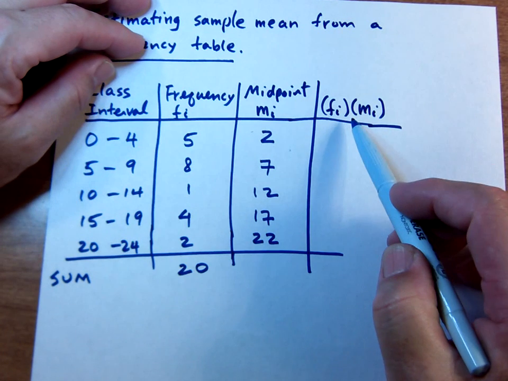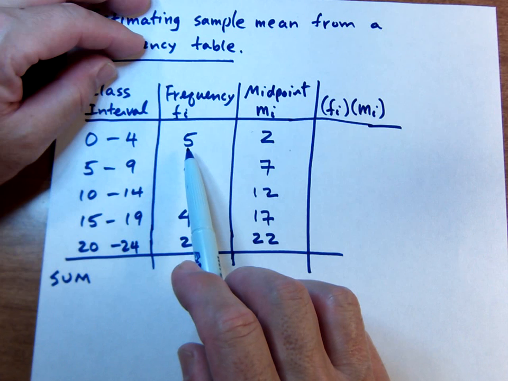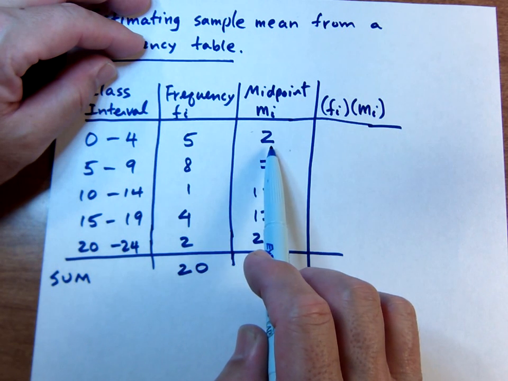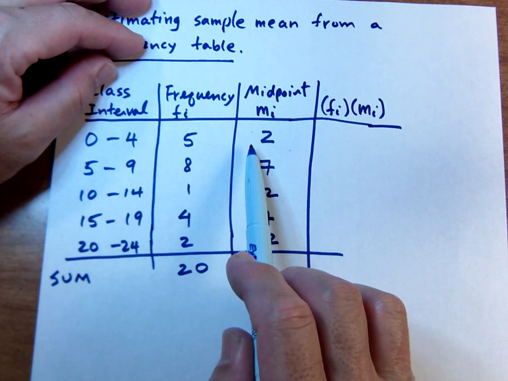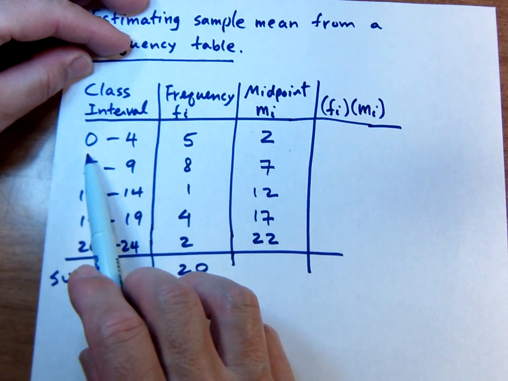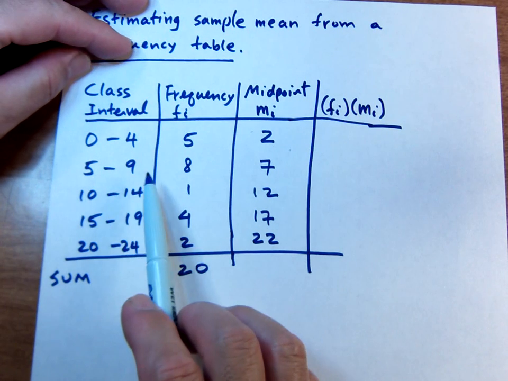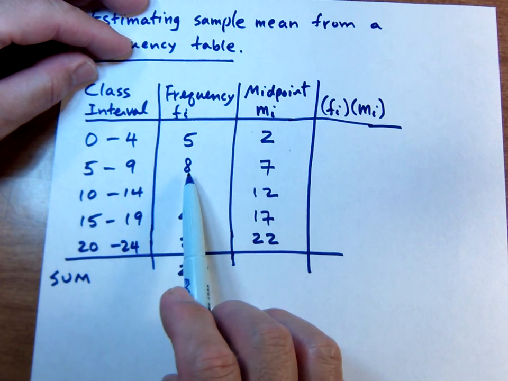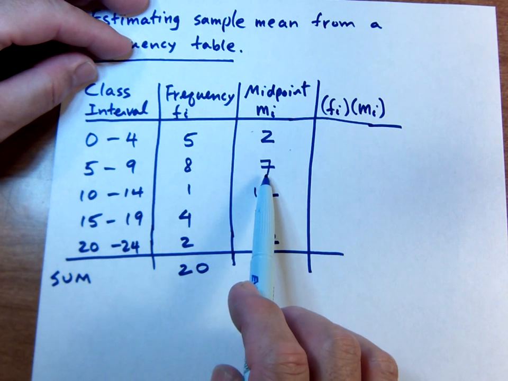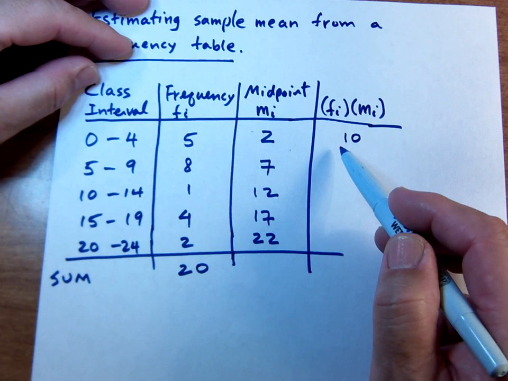The reason we are doing that is that we are assuming we have 5 data points whose values are 2. We don't, but that's what we have to assume. What it actually is, is that there are 5 data points ranging from 0 to 4, and 8 data points from 5 to 9, but we are assuming that we have 8 data points whose value is 7.